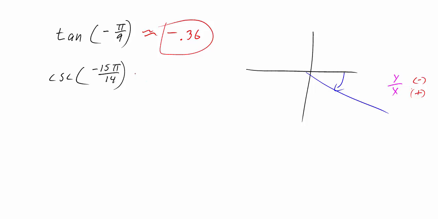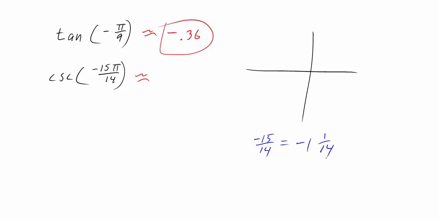All right, so let's look at the cosecant of negative 15 pi over 14. Okay, and again here, what I would kind of suggest is let's kind of look at where is that going to be located. Now it's a negative, okay, and if you want to, you got 15 pi over 14. So if we think of this as negative 15 over 14, and we change this to a mixed number, 14 goes into 15, so that's negative 1 and 1/14.